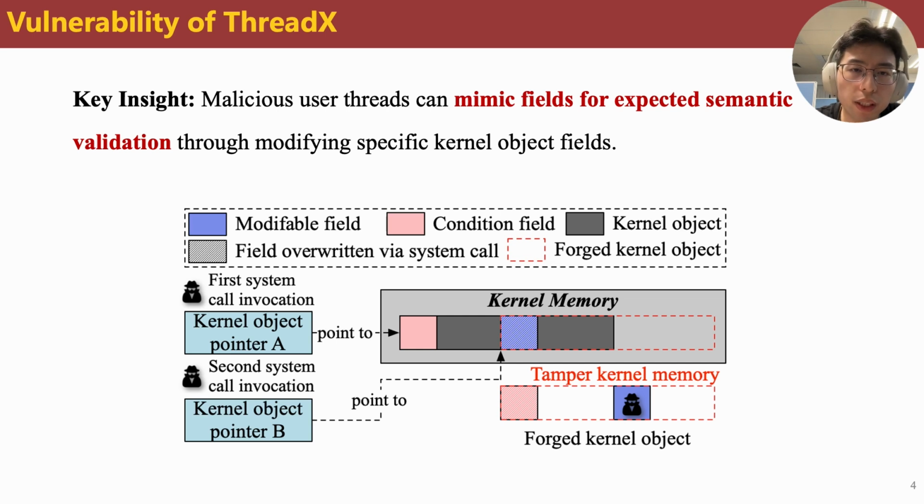As we can see, the result is a forged kernel object that overlaps the modified memory.